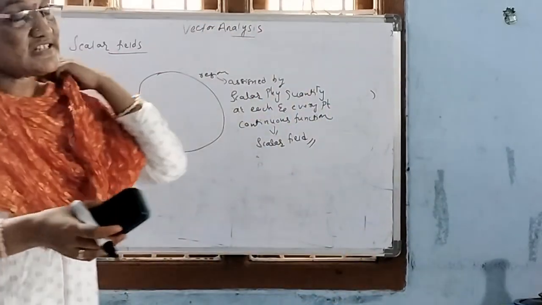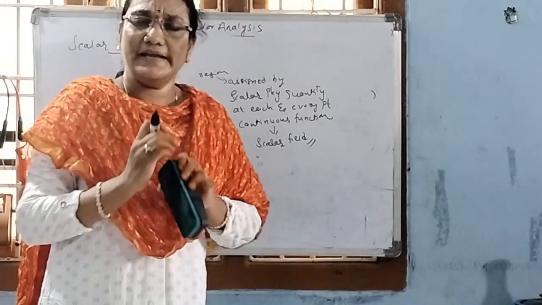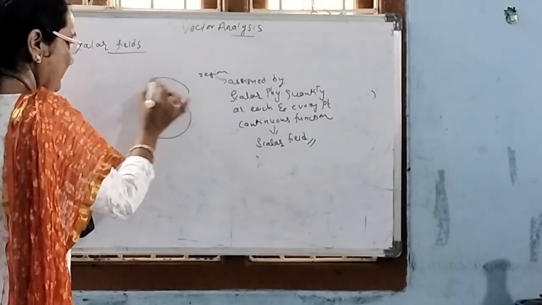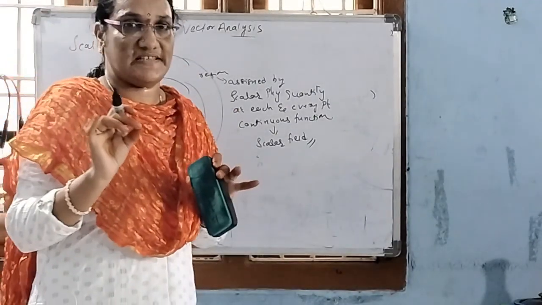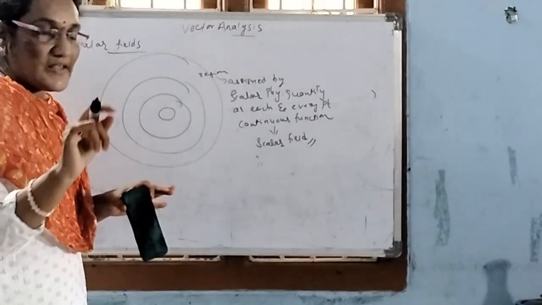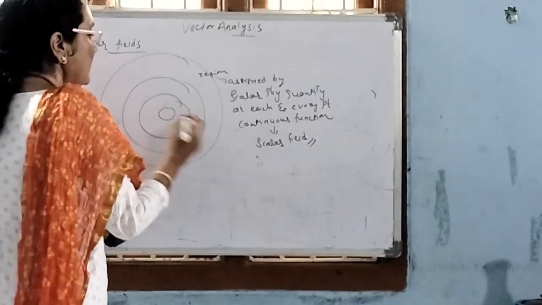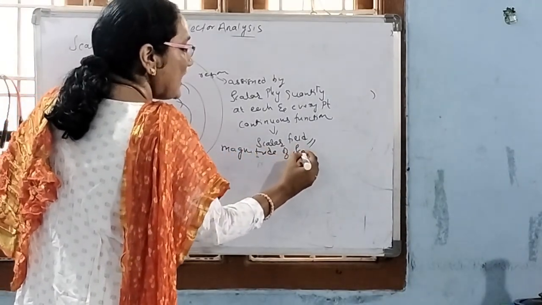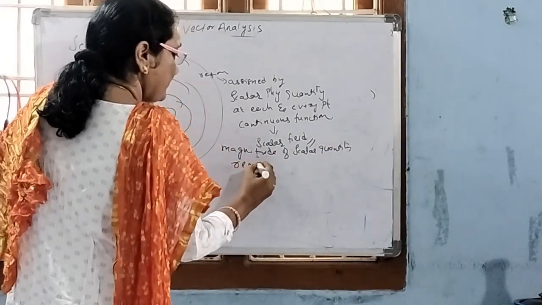Right? Now, such scalar fields have a number of surfaces, concentric surfaces in such a way: the first surface, second, third, fourth. And on a particular surface, the magnitude of the scalar quantity remains the same.